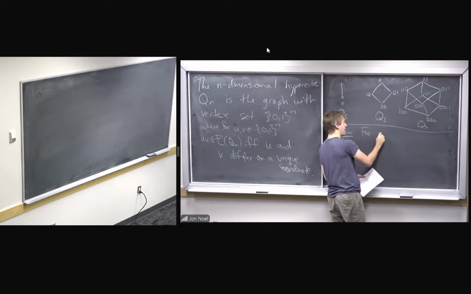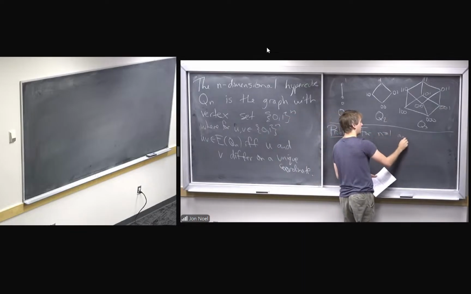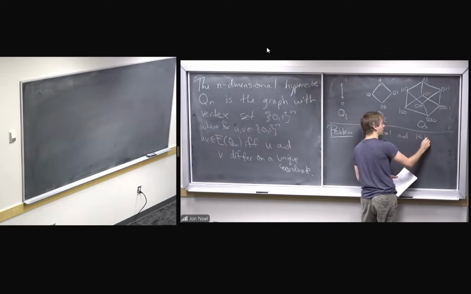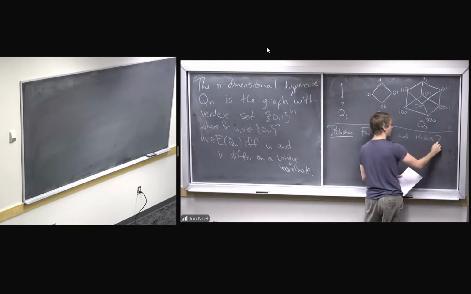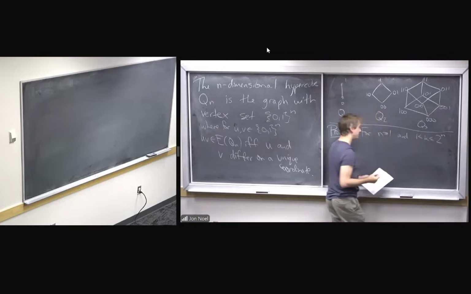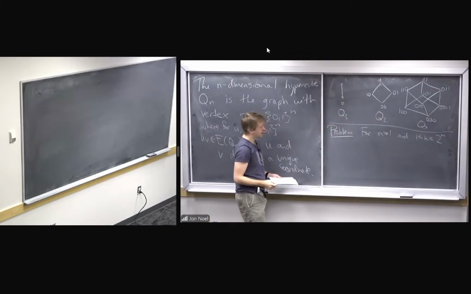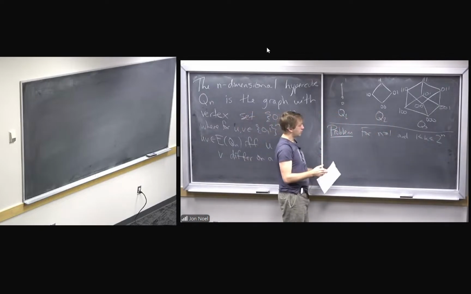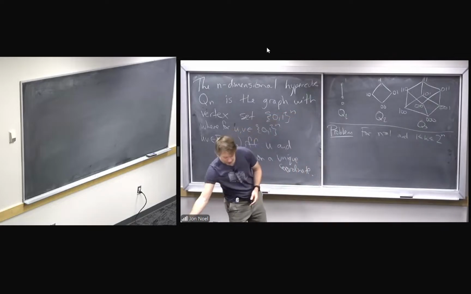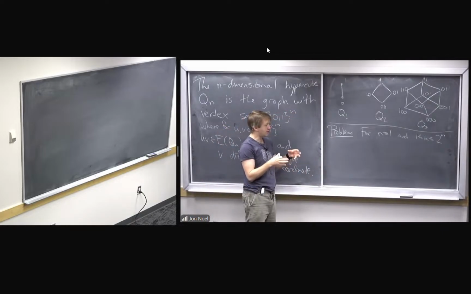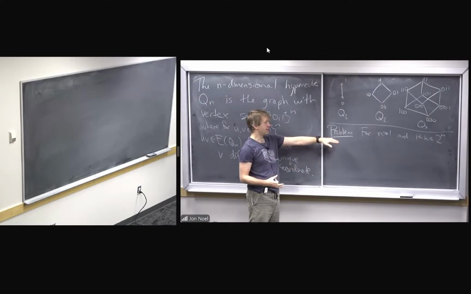So for n at least 1, and let's say k is between 1 and 2^n, what I want to do is get an upper bound on the number of edges that can be contained in a set of vertices of size k.